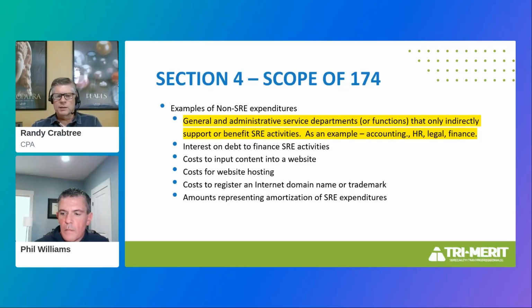When we were talking about employees' time involved in 174, the original definition said all costs incident to a research and development project. In this guidance that came out, they said general and administrative services departments that only indirectly support, and they have a new definition, specified research expenses instead of qualified research expenses.